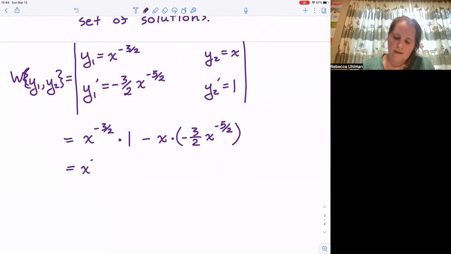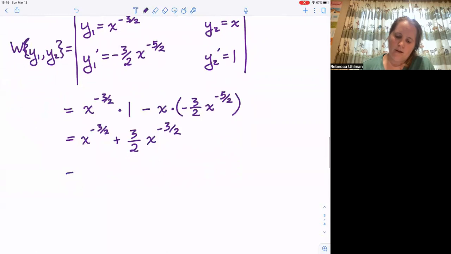This is x to the negative 3/2 plus 3/2 x to the negative 3/2. And we get 5/2 x to the negative 3/2. And this is non-zero as long as x is not equal to 0.